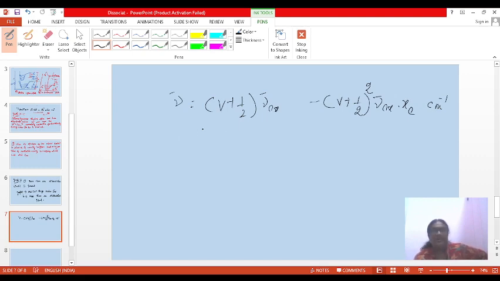Or otherwise we are going to write it in the form of vibrational spectroscopy, that is V plus half omega bar E minus V plus half whole squared omega E into Xe.